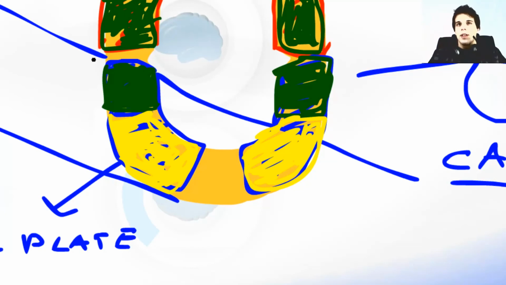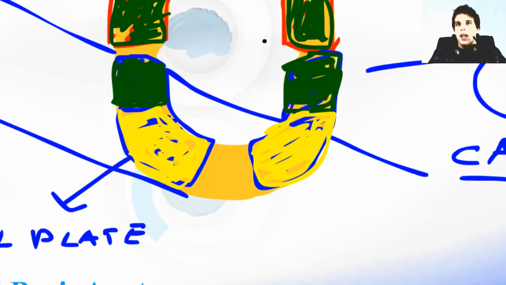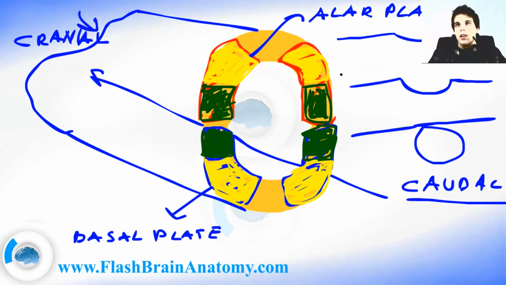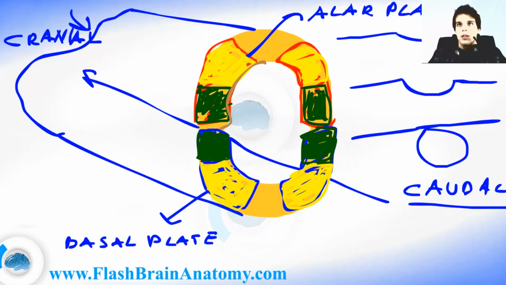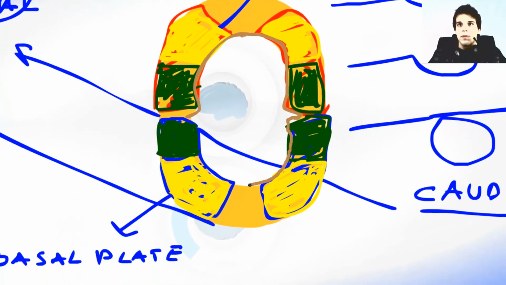So, we had this part over here called the basal plate, which is important for the motor functions, and we had this part over here, the alar plate, which is important for the sensory functions. The alar plate is on the dorsal side, and the basal plate is on the ventral side. And I will just say that this zone, that borders the central channel, is called the ventricular zone.